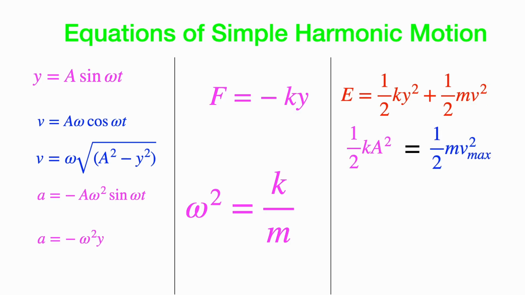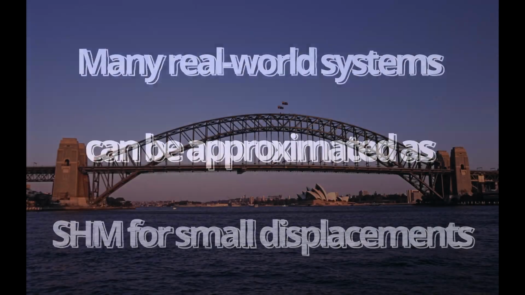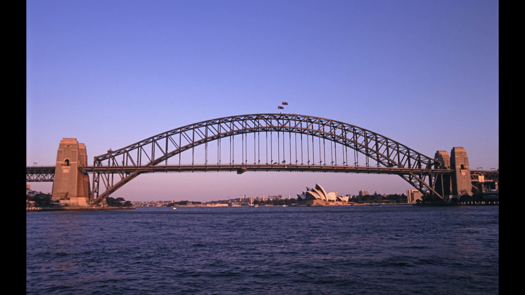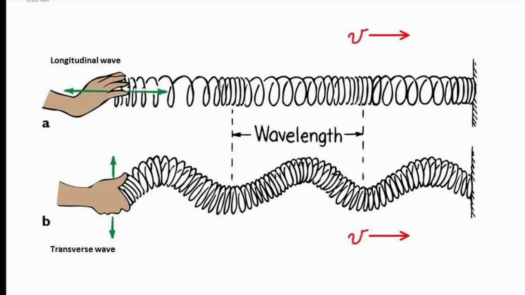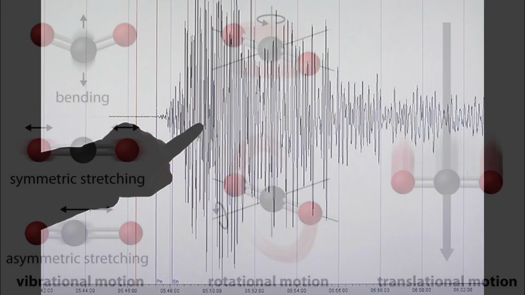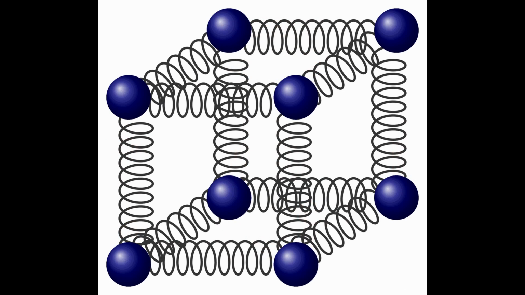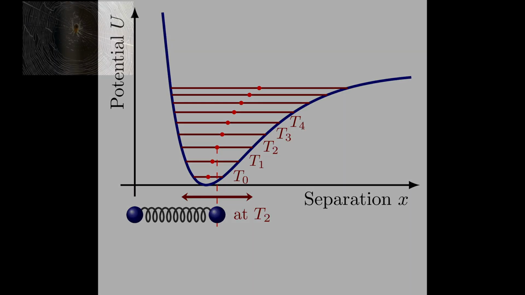Not only the oscillations of springs and pendulum, many real-world systems can be approximated as simple harmonic motion for small displacements. Vibrations of bridges and buildings, sound waves which are longitudinal waves modeled as SHM, seismic waves during earthquakes, vibrations of atoms in a crystal lattice and molecules in solids are all examples for this.